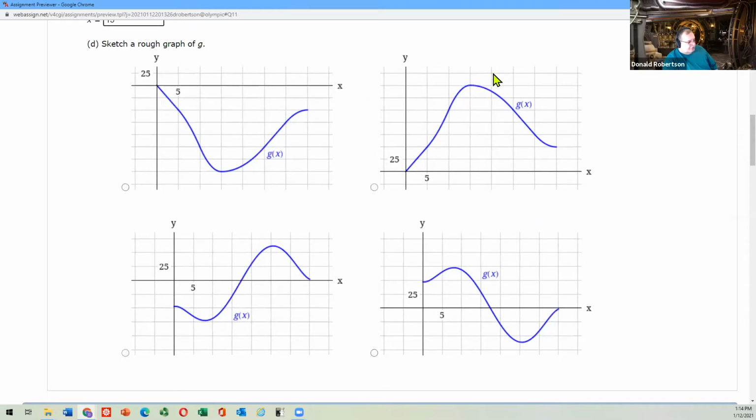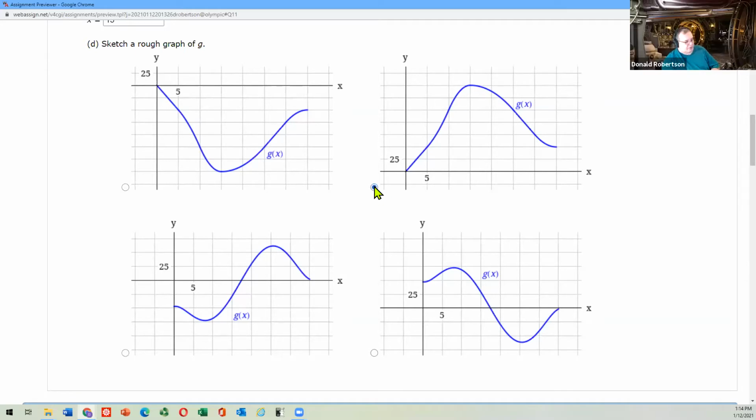Here are 4 pictures of what the area function g of x might look like, but only one of those guys is the right guy. Top left, top right, bottom left, bottom right. Which one of those 4 is it? Top right. I agree.